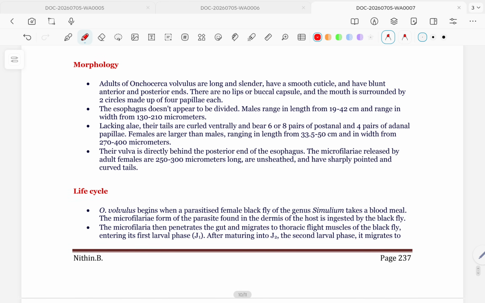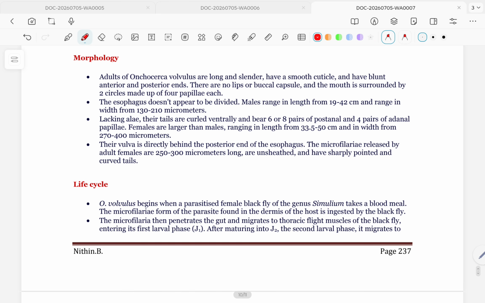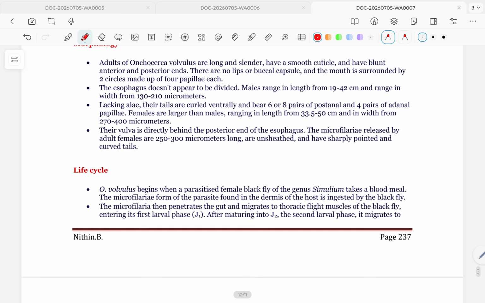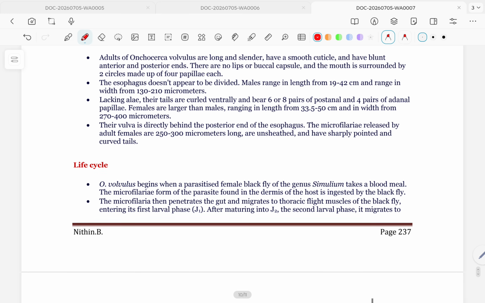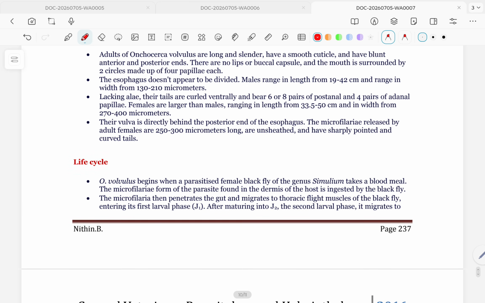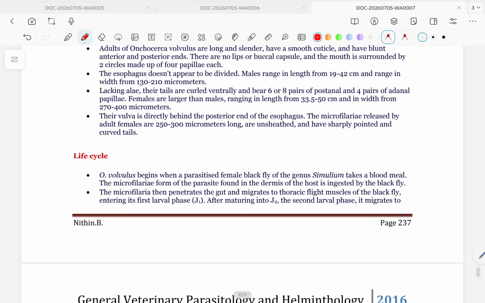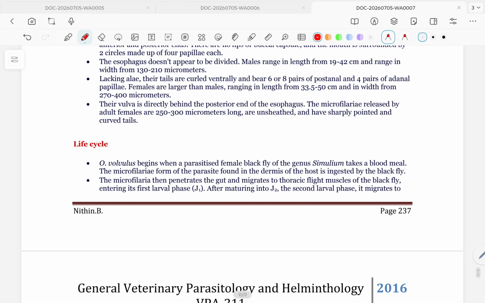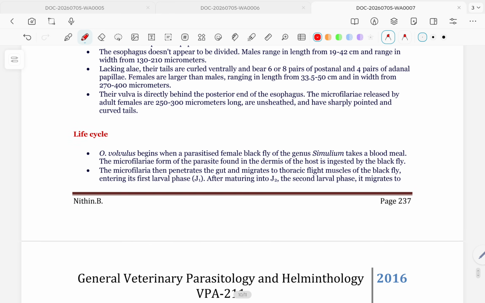Males range in length from 19 to 42 cm and range in width from 130 to 210 micrometers. Lacking alae, their tails are curled ventrally and bear 6 or 8 pairs of postanal and 4 pairs of adanal papillae. Females are longer than males, ranging in length from 33.5 to 50 cm and in width from 270 to 400 micrometers.